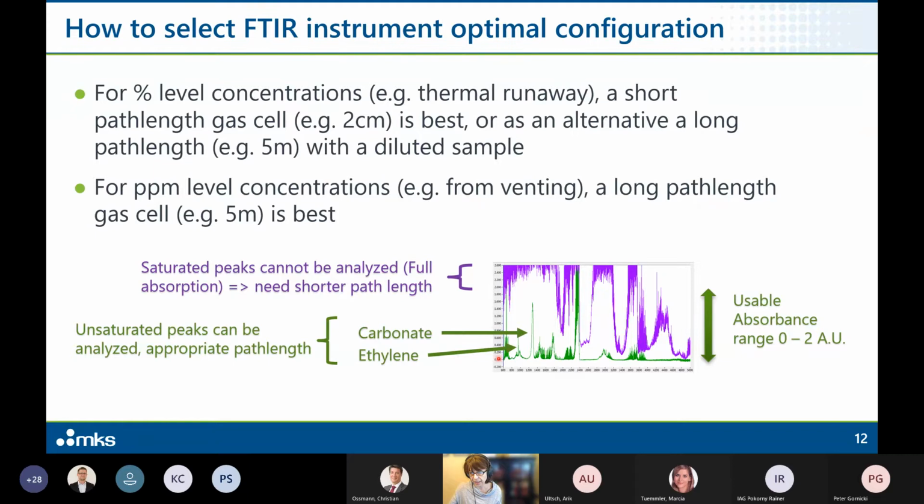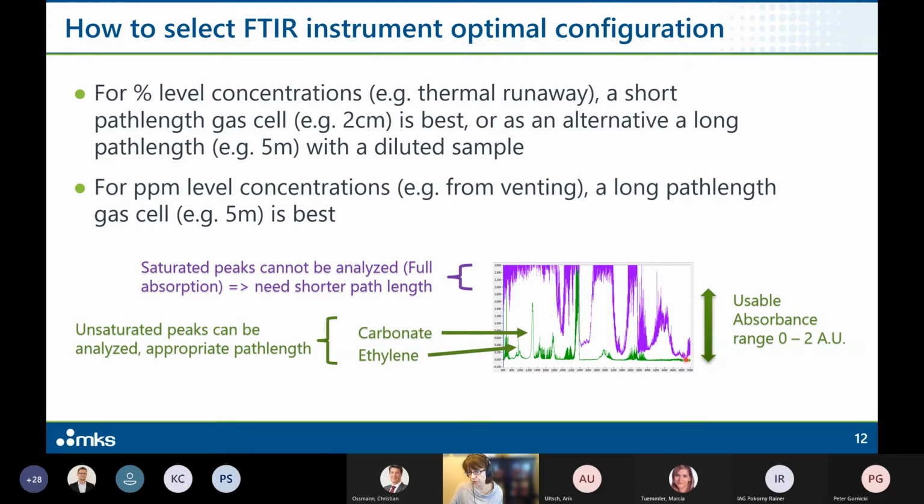Anything really above 2 absorbance is unusable from our perspective, and even above 1.5 is not going to be usable. So all this region here is totally absorbed, and the data cannot be used.